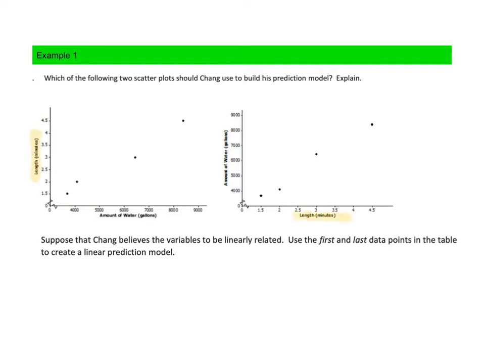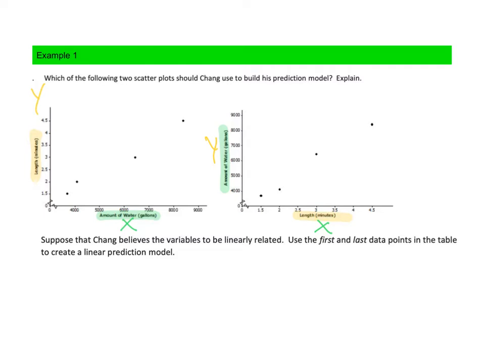This one has it on the x. This one has the amount of water on the x. This one has the amount of water on the y. So we just want to know which one of these is correct, which one's incorrect. Remember that this is our x-axis down here, and this is our y-axis.